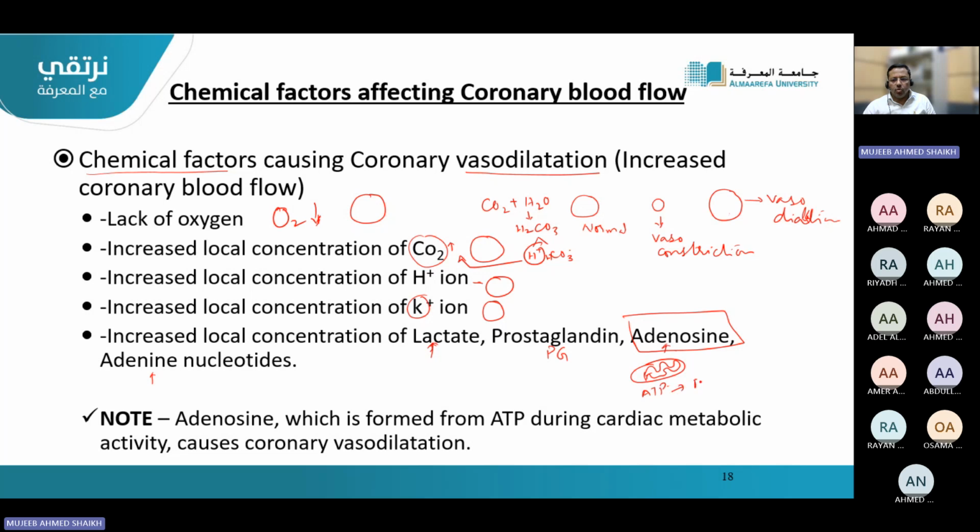They are broken down to ADP, then to AMP with release of inorganic phosphate and energy, and after AMP, it will become adenosine. So the accumulation of adenosine will lead to vasodilatation. It's a very important vasodilator substance.